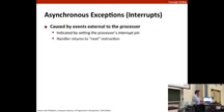Now, there are different kinds of exceptions. We distinguish them as being asynchronous or synchronous. Asynchronous exceptions happen as a result of changes in state that occur outside of the processor. These are called interrupts, and the processor is notified about those changes in state by setting an external pin on the processor called the interrupt pin.